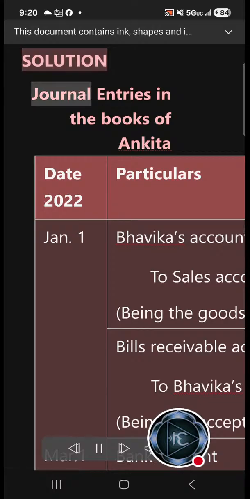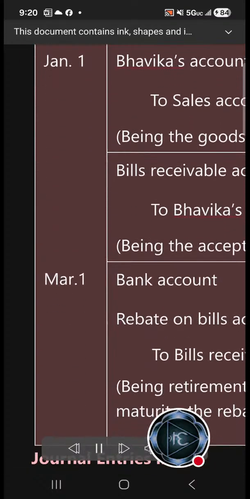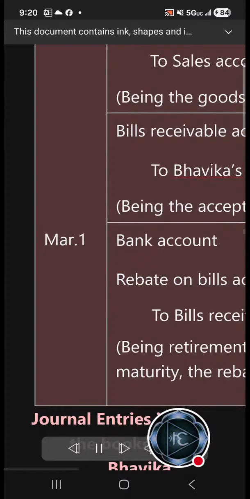Solution: journal entries in the books of Ankita. Date: 2022. Particulars: January 1st. Bhavika's account: Dr. 500000. To sales account: 500000.